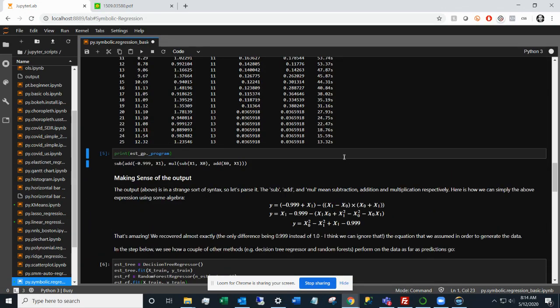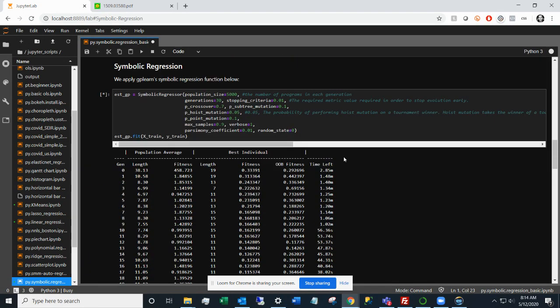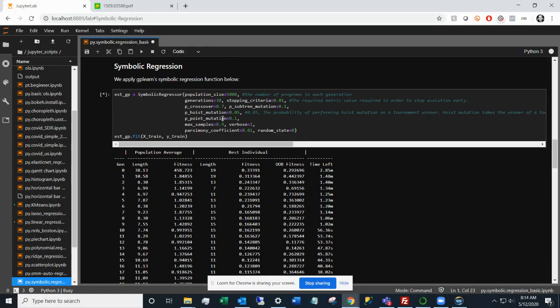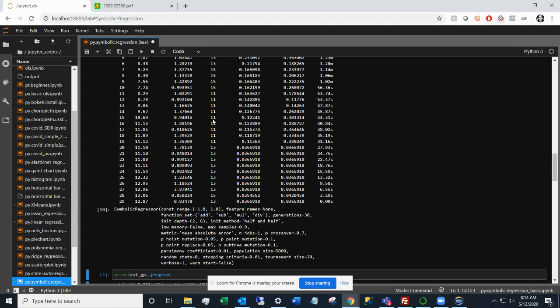Let's see. And I think when you see the code later, I'll add some description along all of these different criteria for the symbolic regressor, so that you can play with them to improve the odds that you find a solution.